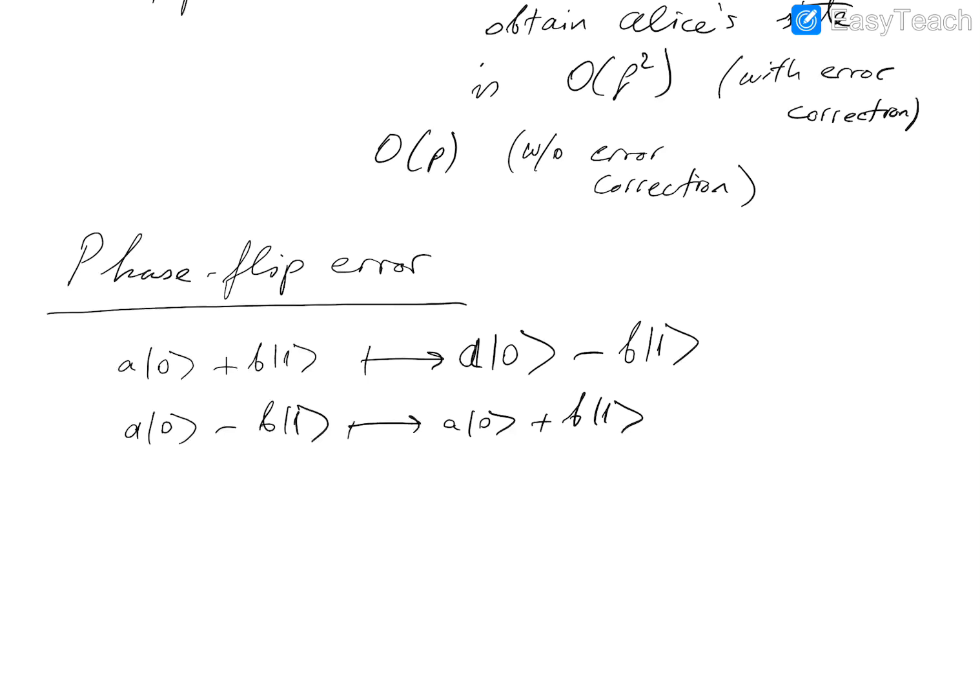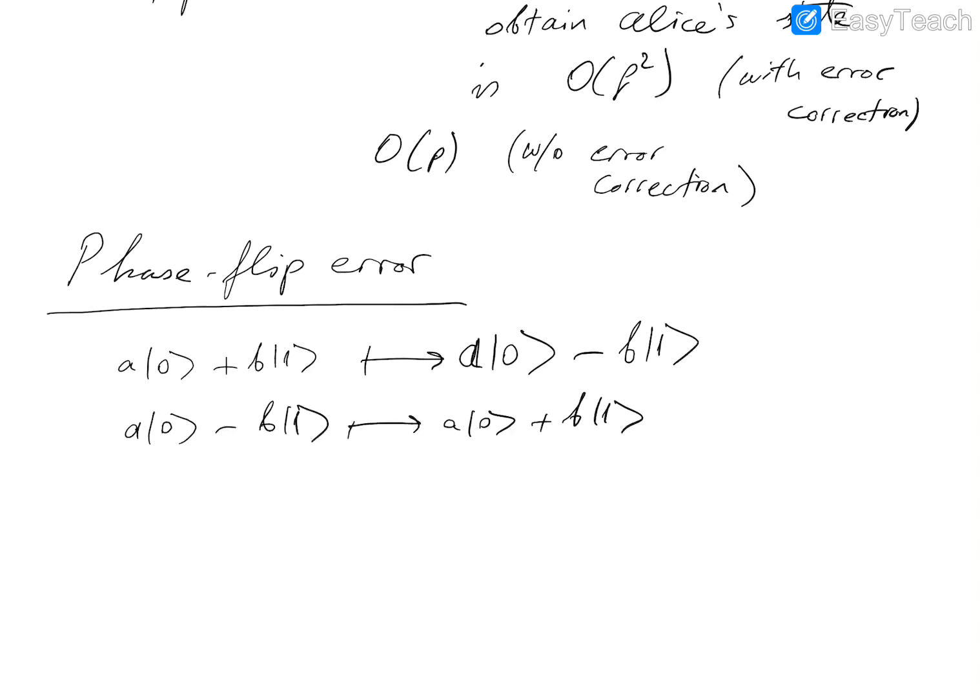So this kind of error, the phase flip error, is not found in any classical error correction because there is no corresponding phenomenon for the phase value in classical computing, right? Because the concept of the phase is unique to quantum computing.